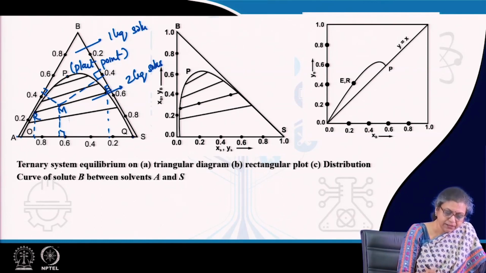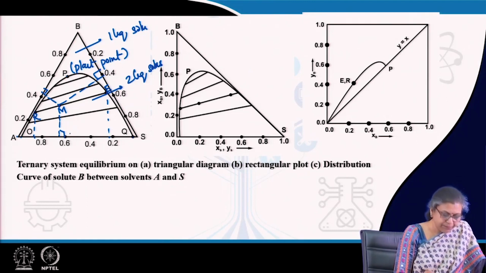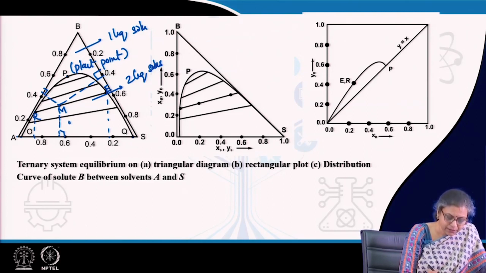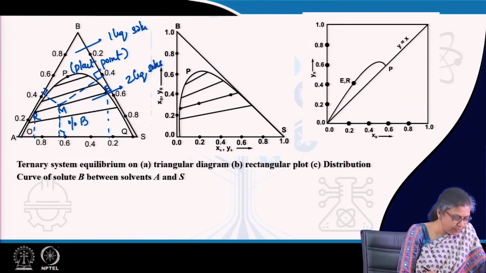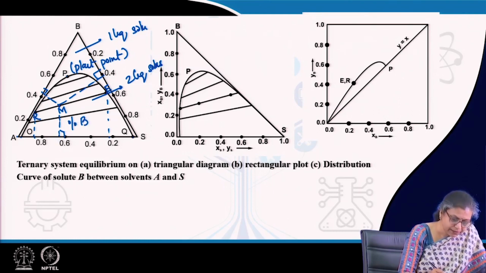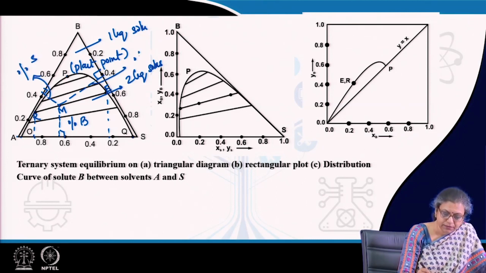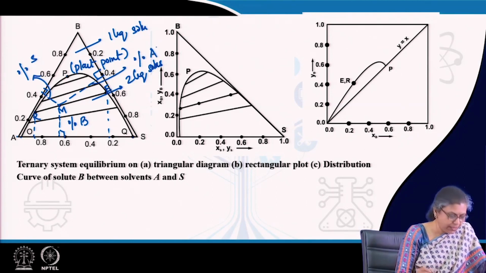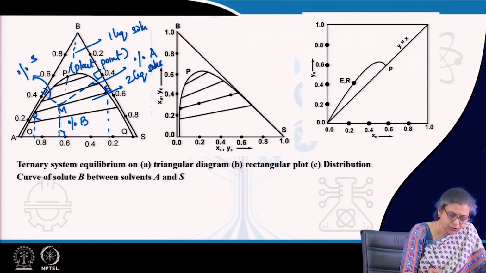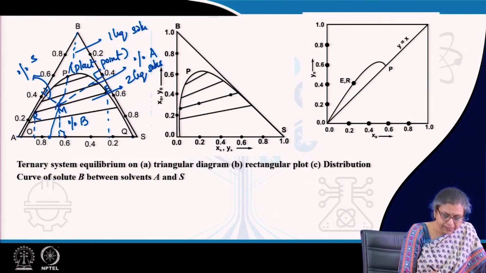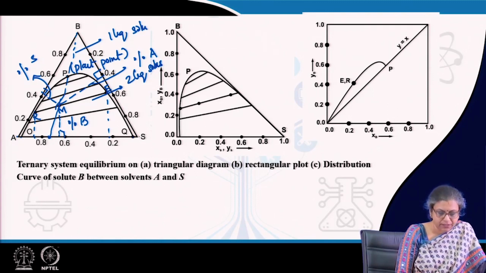So, if we take the altitude as 100% of the entire composition, then this length corresponds to the percentage of B, this length corresponds to the percentage of S, and this length corresponds to the percentage of A. Also, from B, if you drop a line here, this corresponds to the proportion of A and S in the solution.